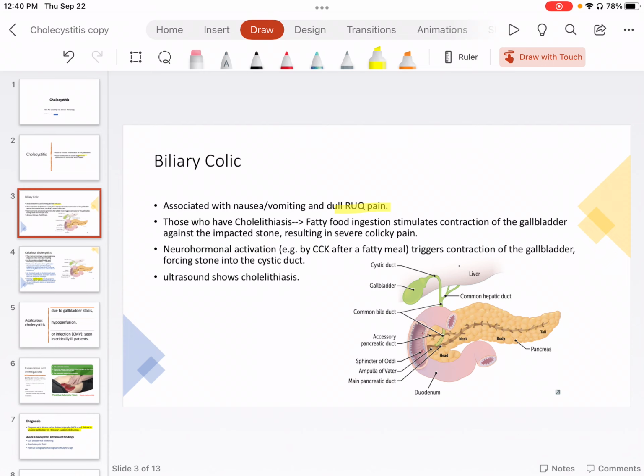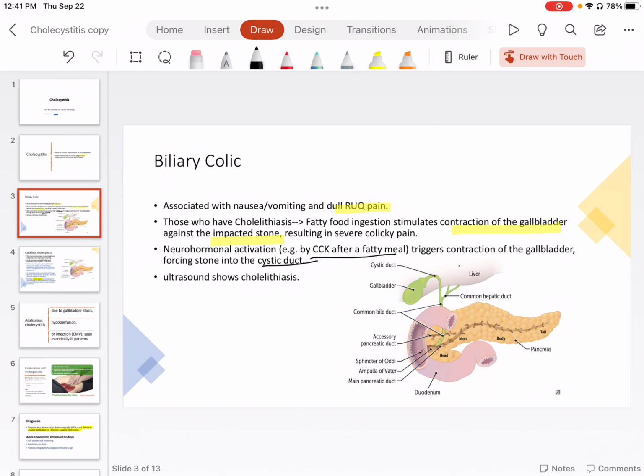Those who have cholelithiasis, when they eat fatty food, it stimulates contraction of the gallbladder against the impacted stone, resulting in severe colicky pain. Neurohormonal activation by CCK after a fatty meal triggers contraction of the gallbladder, forcing the stone into the cystic duct.